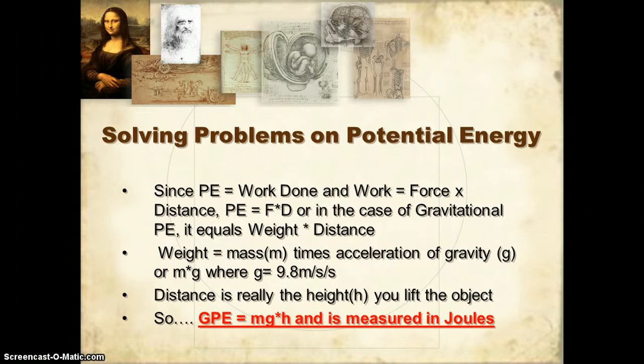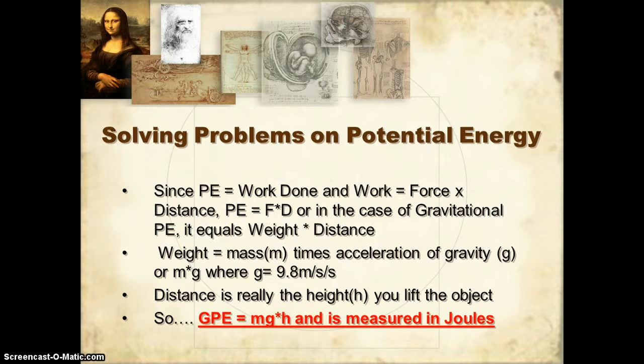So how do we solve problems on potential energy? We're always solving problems in physics. Potential energy, like we said, is equal to the work done, and work equals force times distance. So therefore, potential energy equals force times distance. Or in the case of gravitational potential energy, it would equal weight times distance.